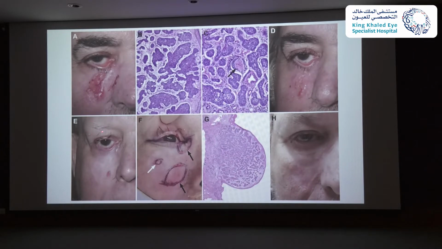You can see the loss of lashes and the loss of eyebrow. Then they underwent surgery. This, with the black arrows, showed residual basal cell carcinoma. This one was negative for basal cell carcinoma. And this is his look or his final outcome after surgery.